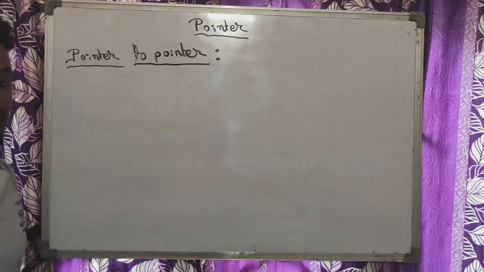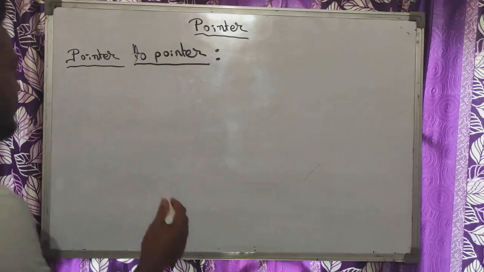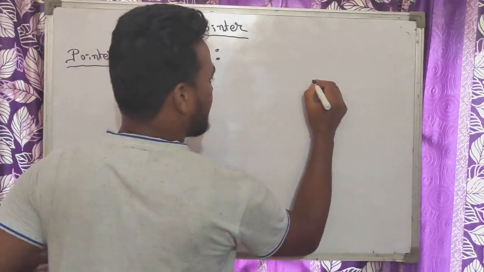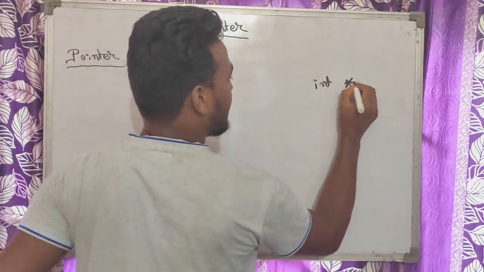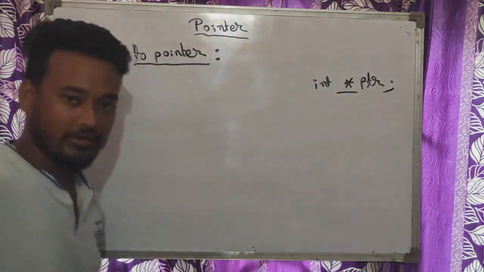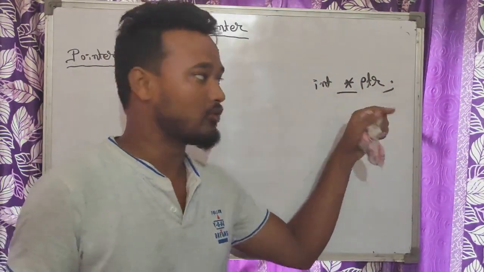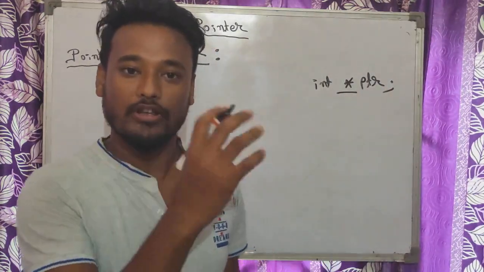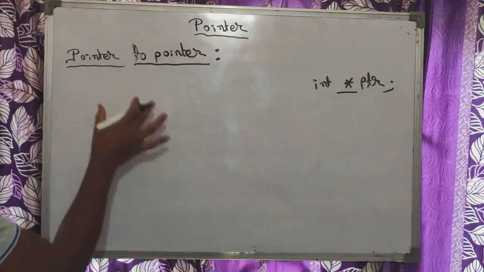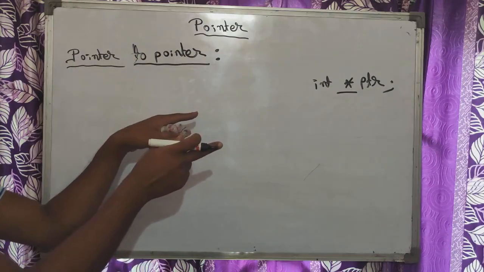Okay, so that means here, how can we declare a pointer variable? Generally we declare a pointer variable with the help of this asterisk symbol. This represents that ptr is a pointer variable whose purpose is to hold a memory address. Now here we are going to learn pointers to pointers.